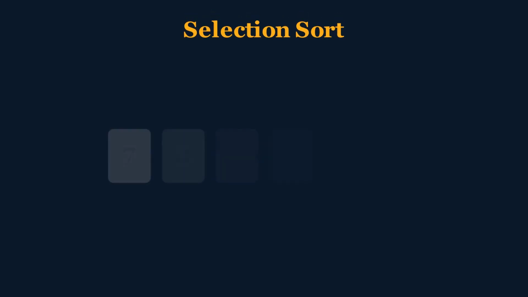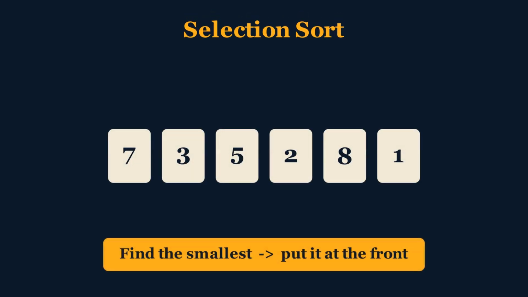Next, selection sort. Instead of swapping neighbors over and over, this one is pickier. It scans the whole unsorted part, finds the single smallest number, and places it at the front. Watch. We scan everything. 1 is the smallest. Swap it into position 1. Locked.